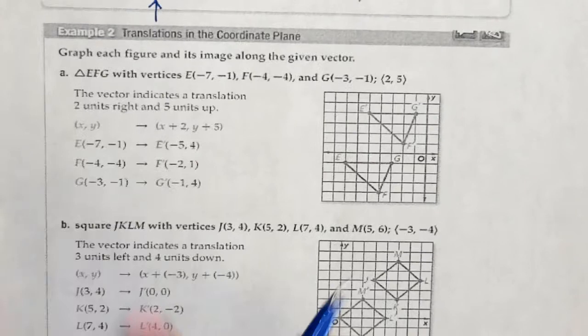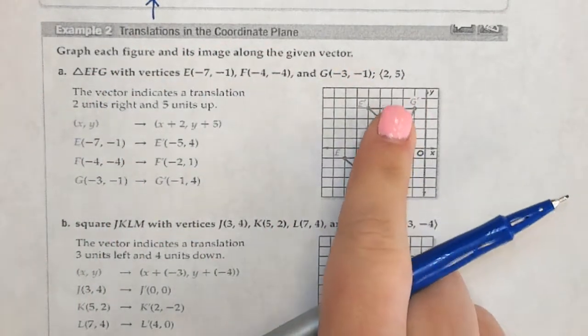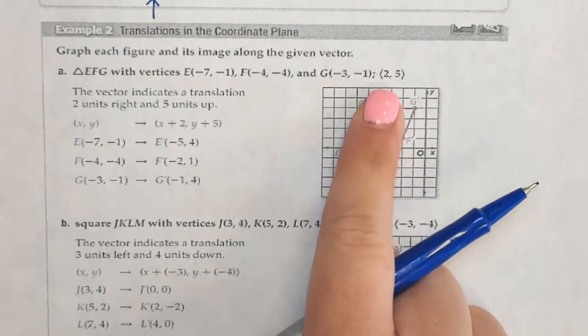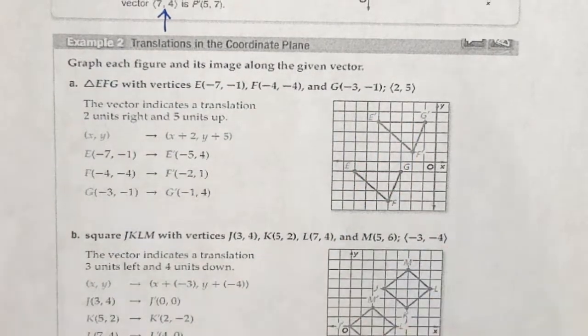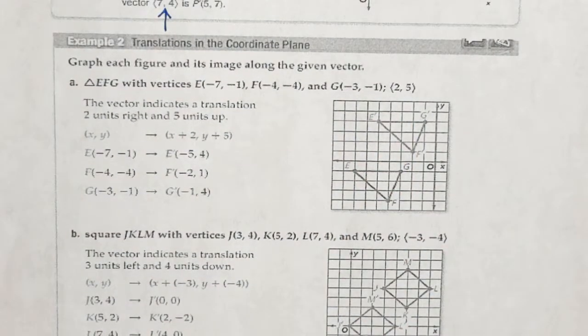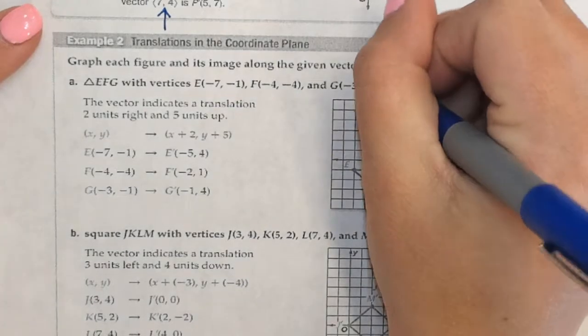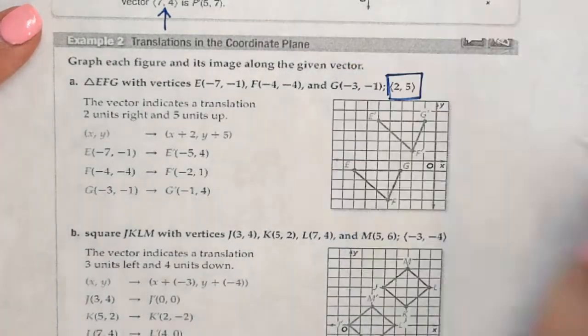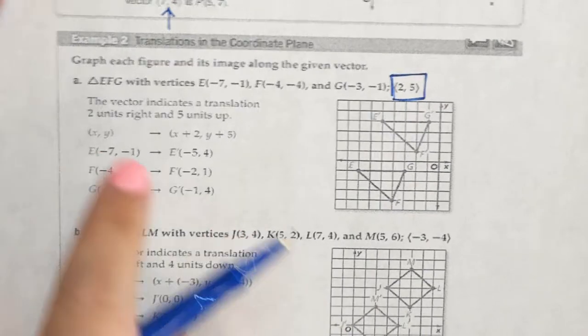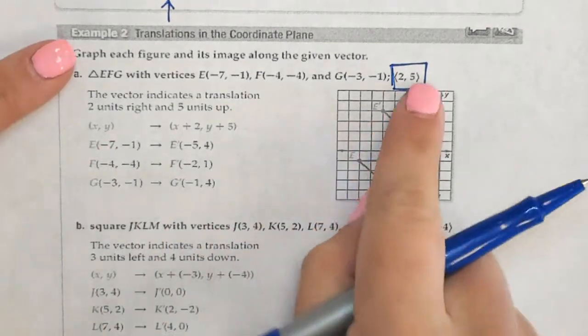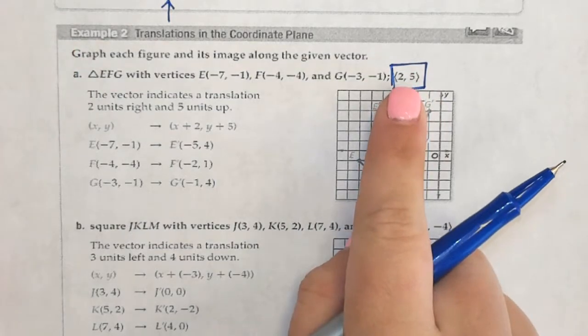So watch this. What's the vector here? What's the vector on example A? 2 and 5. So we go sideways 2 and up or down 5. So this is your range of movement. So all you're going to do, this is it. Everything that has an X is 2 positive or negative?